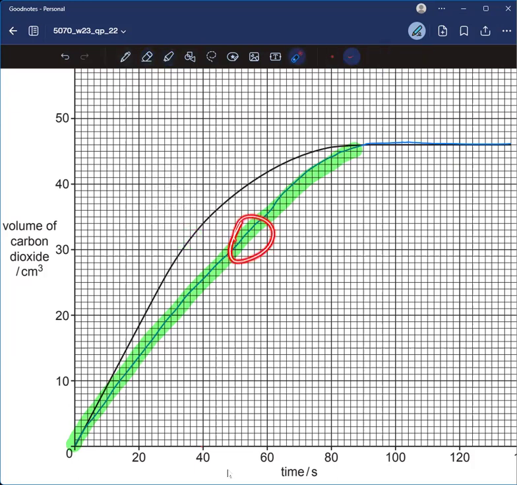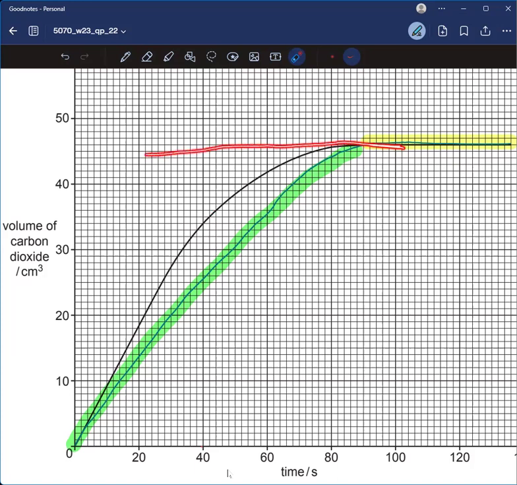The highlighted part would be steeper than this black line, and this yellow highlighted part would show the final volume, and it would be equal to the volume initially drawn in the graph, which means that here it is around 46. This 46 centimeter cube, so the final volume would be the same as 46 centimeter cube.